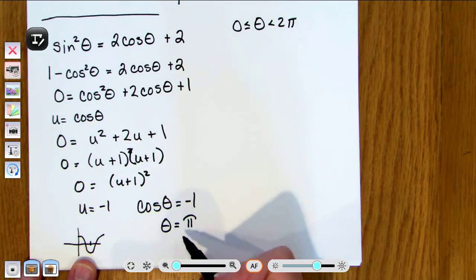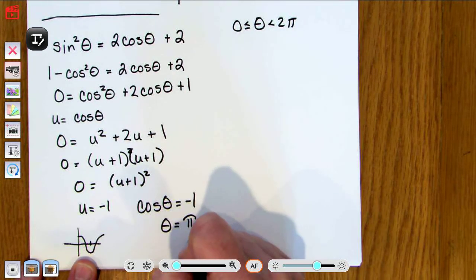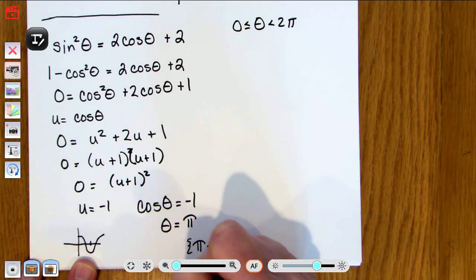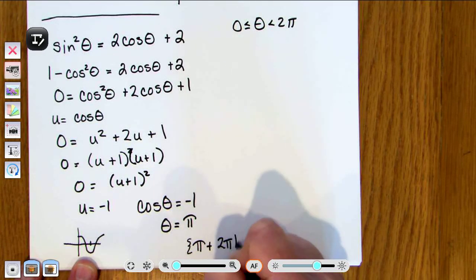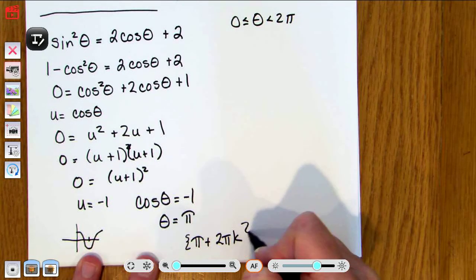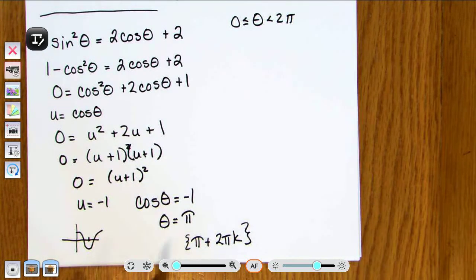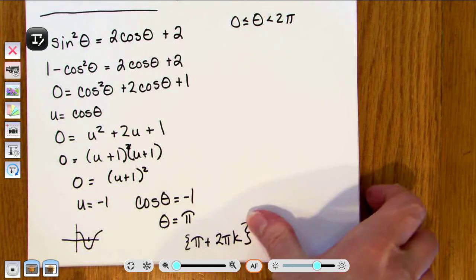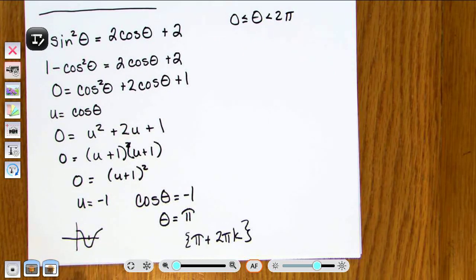If I wanted all my solutions, I would add on that 2 pi k to go round and around. So depending on my directions will determine how I write my answers. Okay, I'm going to stop the video now and do another one so that we can kind of break them up into small chunks. And I'll see you in the next video.